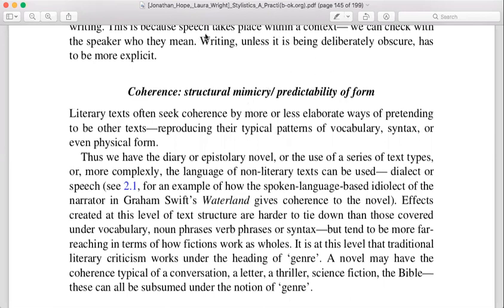So they have less to do with structure and the correct use of grammar, and more to do with what can actually happen and what can appeal to the human mind. Okay, so that is coherence.